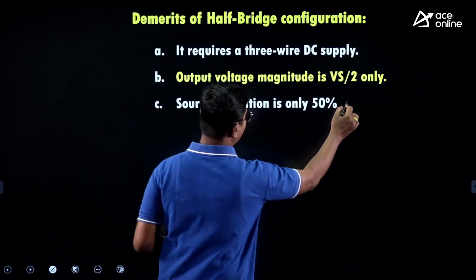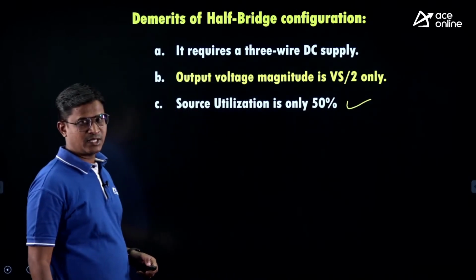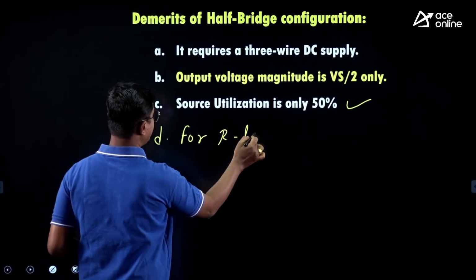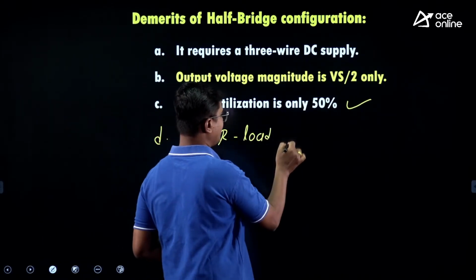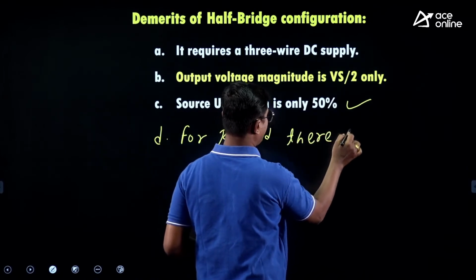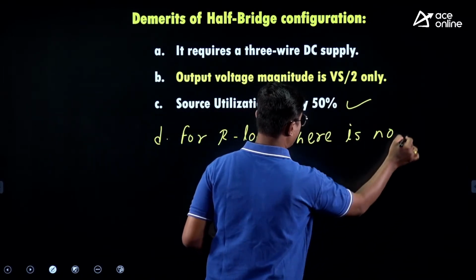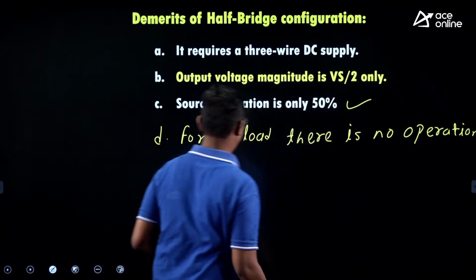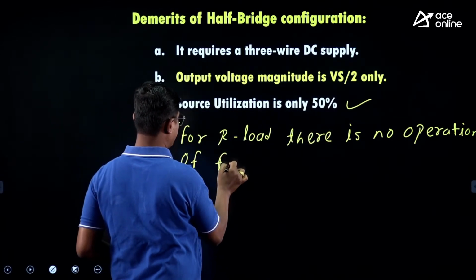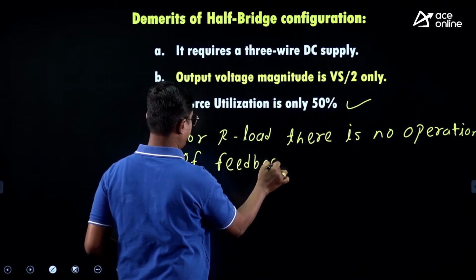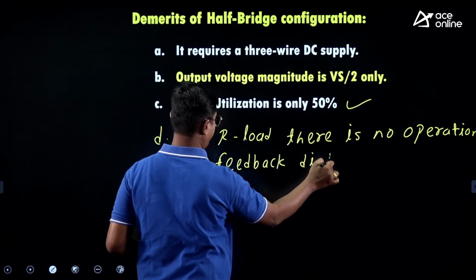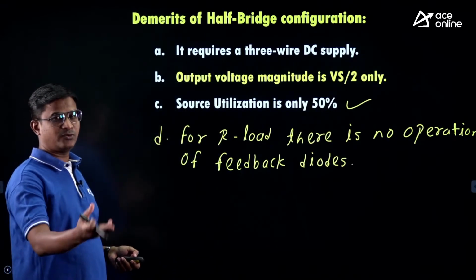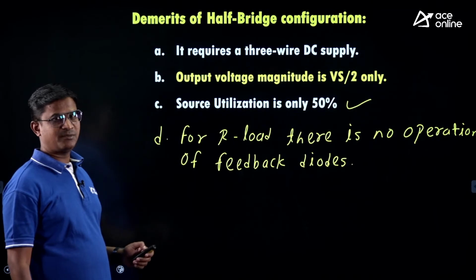Also, for a resistive load, there is no operation of the feedback diodes. No operation of a diode for a resistive load, but for an inductive RL load, the diodes will come into the picture.